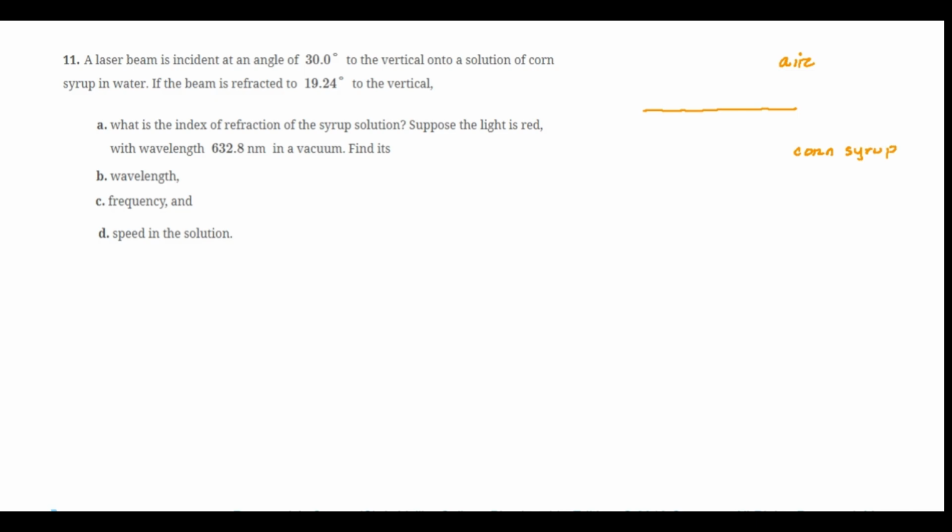Now, we have here the normal, and then I have an incident ray that comes from the air. And this incident ray is at an angle of 30 degrees.